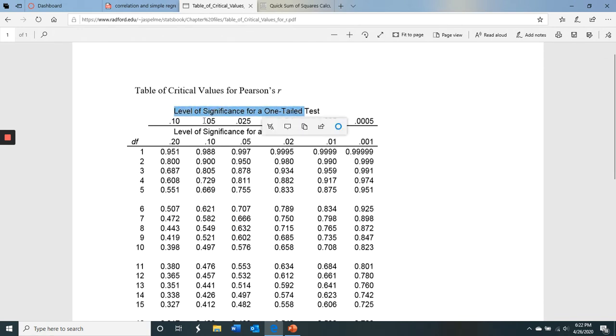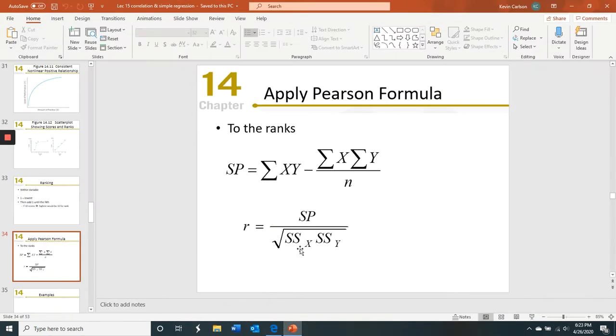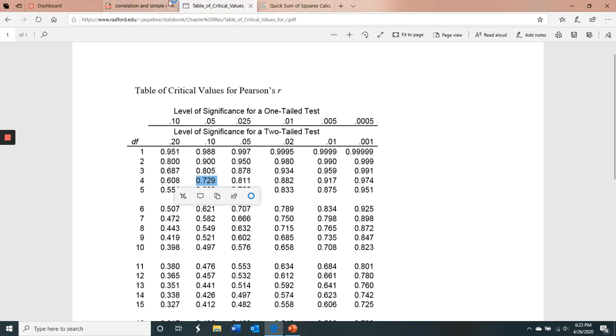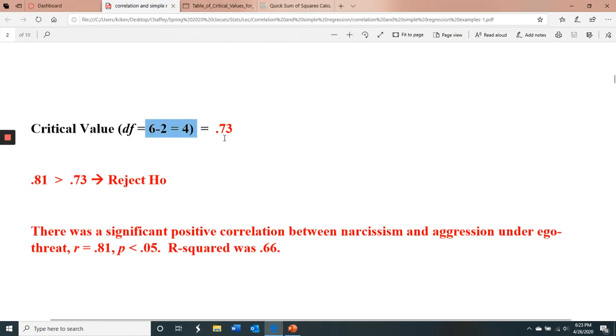One-tailed, 0.05. So we're right here, and we're looking for 4 degrees of freedom because we had 6 minus 2. Our critical value is 0.729. Sorry about that. It's actually up here. I rounded up to 0.73.